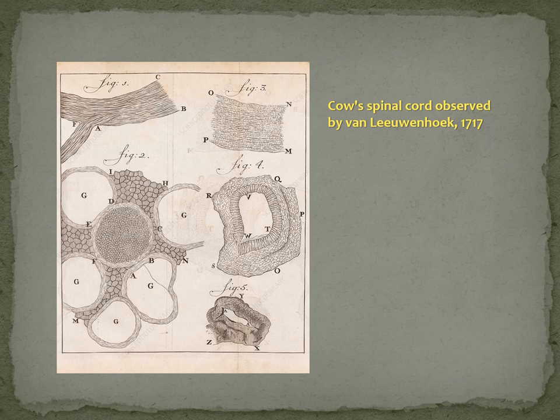The observations of Leeuwenhoek were a big success at the time, and many other people decided to start using microscopes to make observations on anatomical structures, or to observe smaller things, in particular, what were these small animals that were described in the water pools.